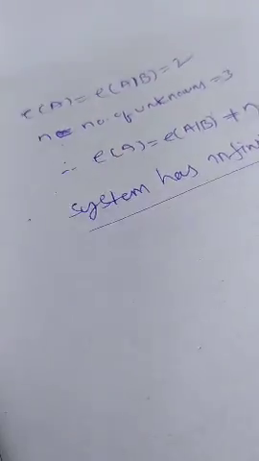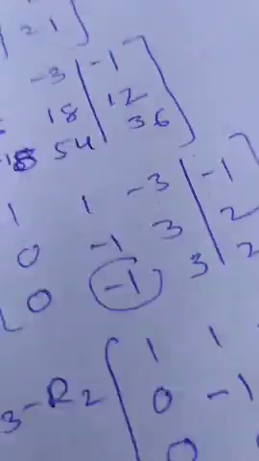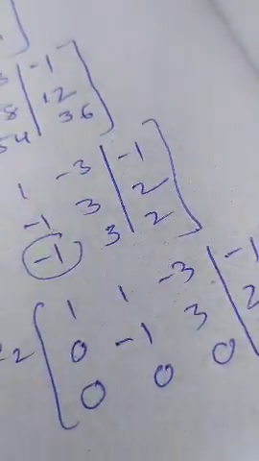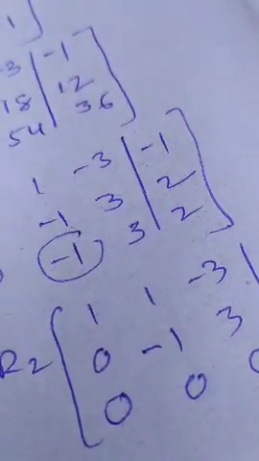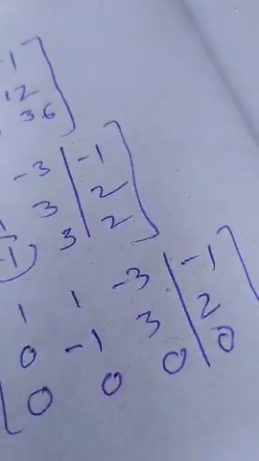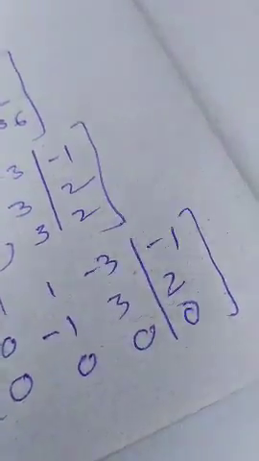So how to find infinite solutions? Rewrite the equations from the reduced matrix. First equation is x plus y minus 3z is equal to minus 1. Second equation, minus y plus 3z is equal to 2.